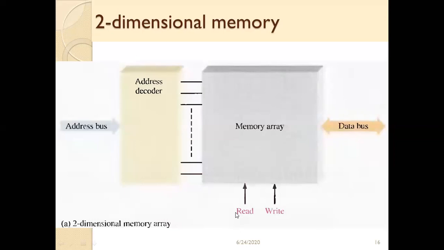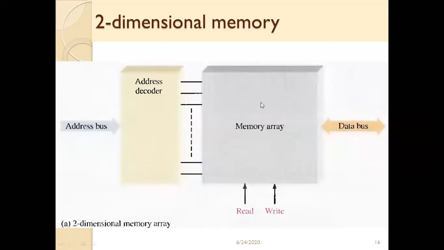Now I selected the address, I selected the location, then I selected the operation that I want to do, write or read. But if I want to do the write operation, it means that I will take some data and put that data on that location. So from where will I take that data? I will take the data from the data bus, the data which is on the data bus.